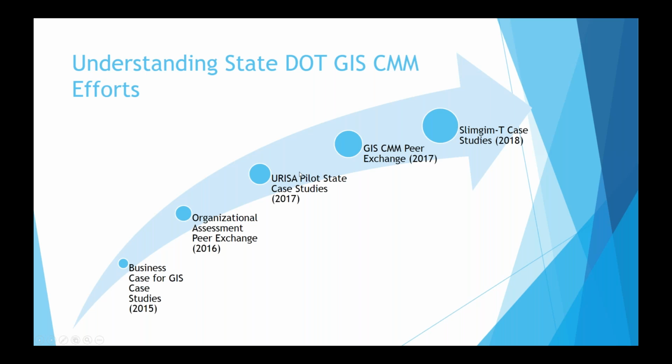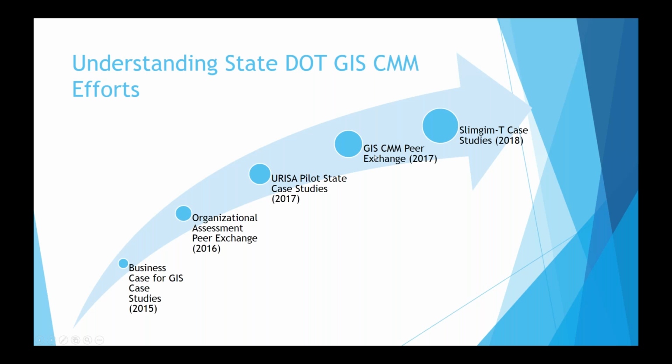And then we took those states. We did a workshop at the AASHTO GIST symposium, and from that we learned that in many cases the ERISA GIS capability maturity model was a little more complex. It was geared more towards local or municipal agencies, so some of the questions weren't as relevant to a state DOT.